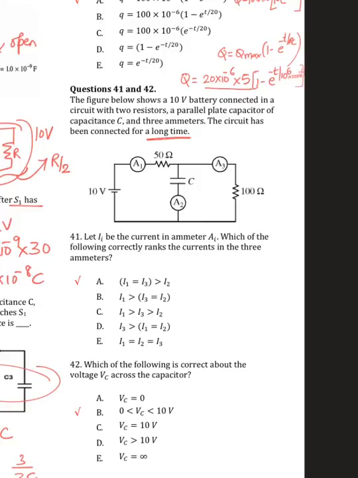The capacitor is fully charged, so it is not going to allow any current in A2. There will be no current here. So A2 is equal to 0 and the rest of the circuit is going to act as series. So A1 and A3 are going to be the same and A2 is going to be 0.